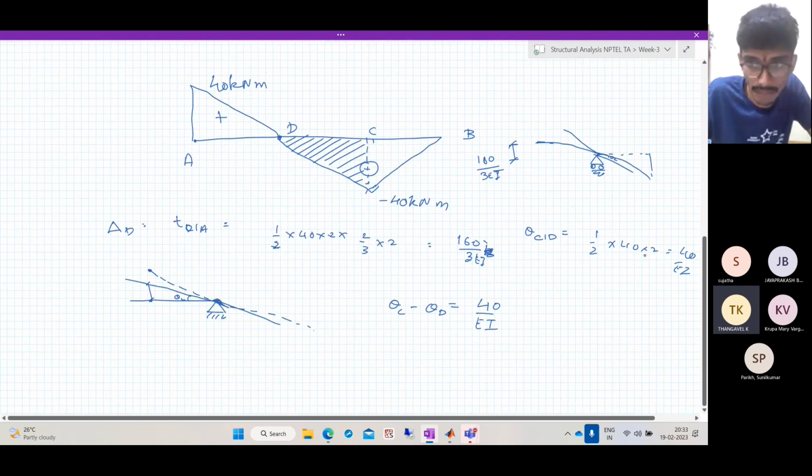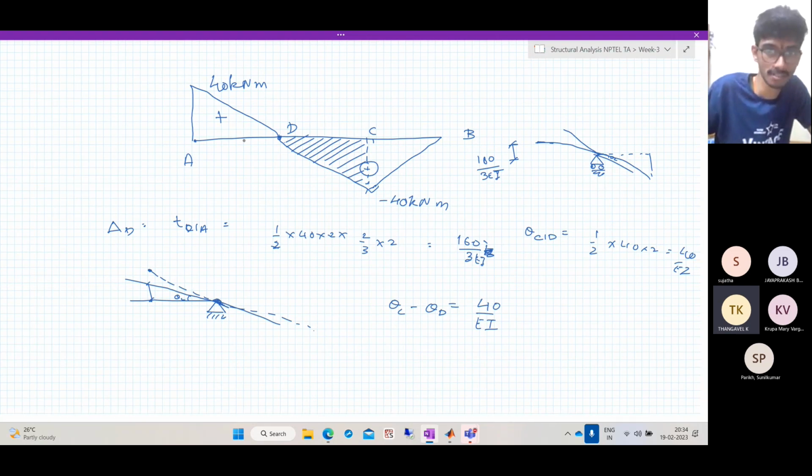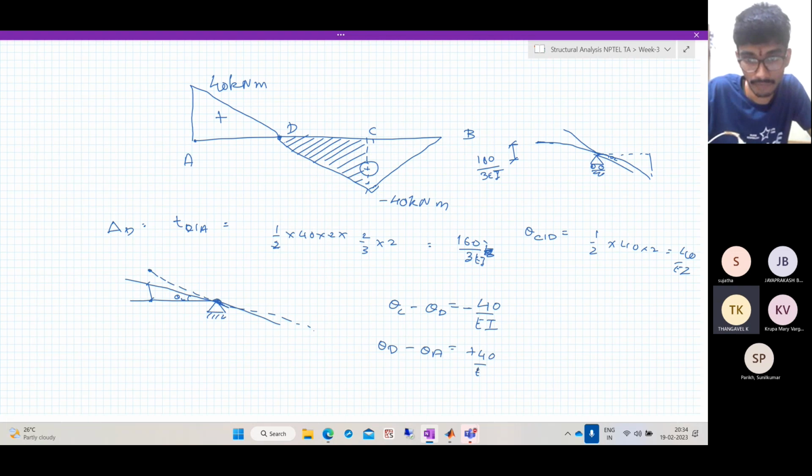So let me check. Theta D with respect to A is the same, so this is minus 40 by EI. Theta C with respect to D is minus 40 by EI. Theta D minus theta A, that is plus 40 by EI. But the slopes are not continuous.